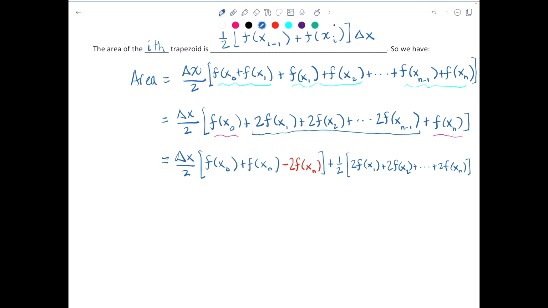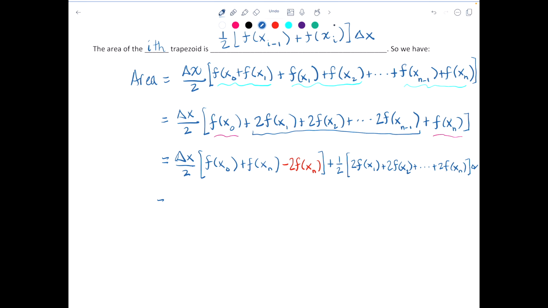So here's those 2 f at xn's that I added in here. Notice that 1/2 is multiplied to both. All right, so we've balanced everything out. Good so far? And then that'll be times delta x. I'm bringing the delta x to the end of it.